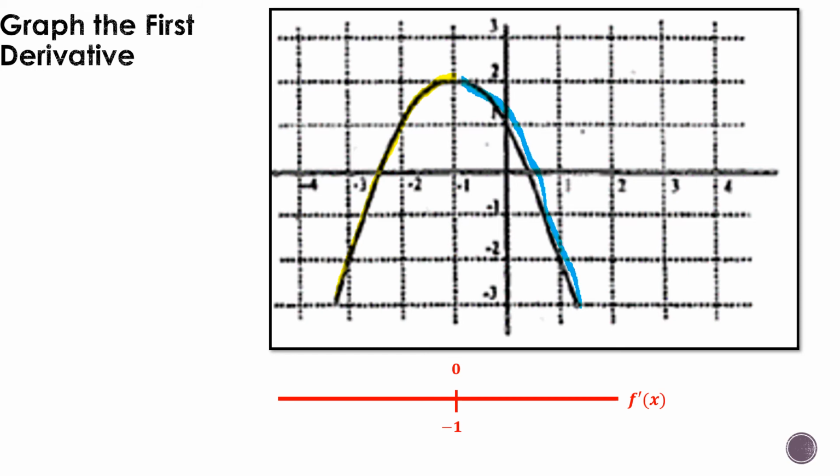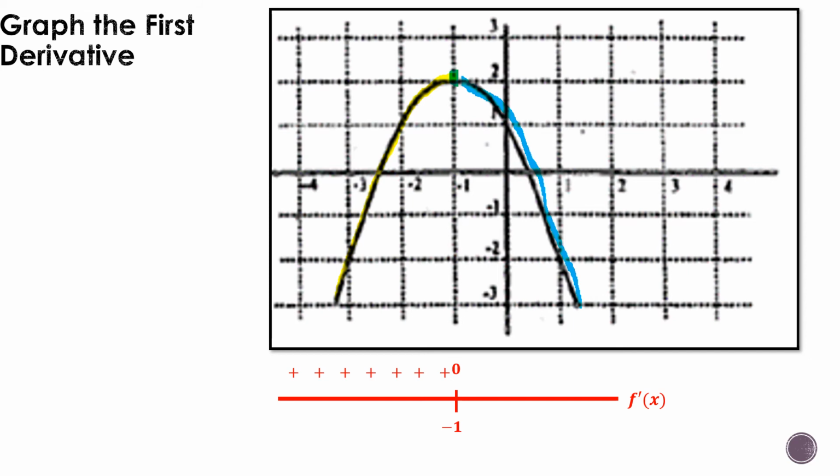If I drew a tangent line at this maximum right here, it would be a horizontal line at y equals 0. So that's why the 0 is there.